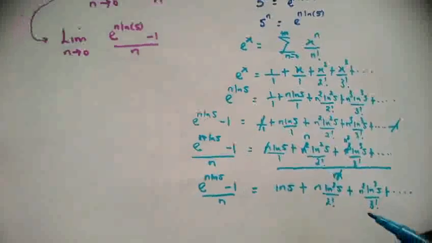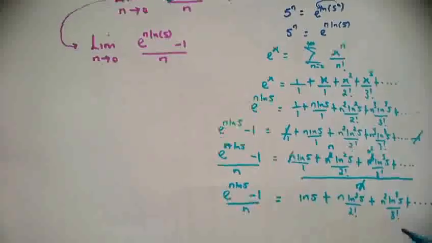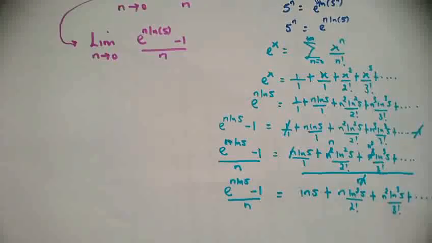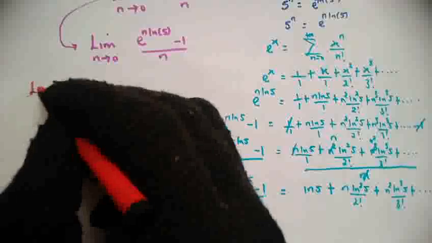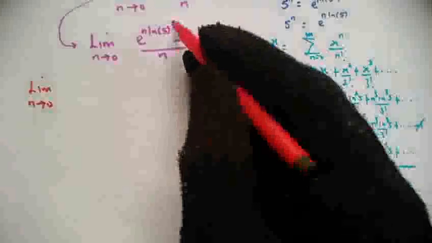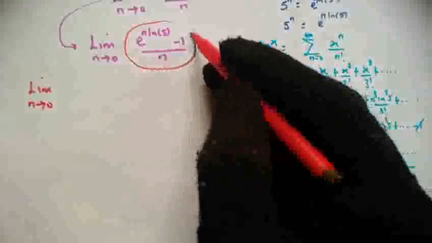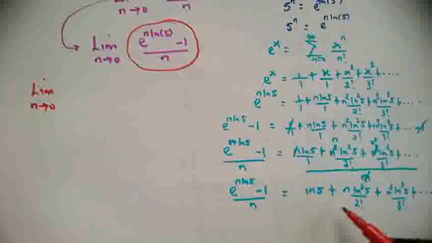Now we can easily compute the limit. Remember that in this limit n is approaching 0, so the limit can be rewritten by replacing the expression with this series.